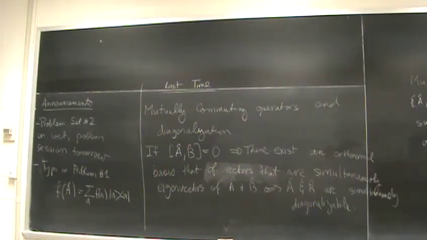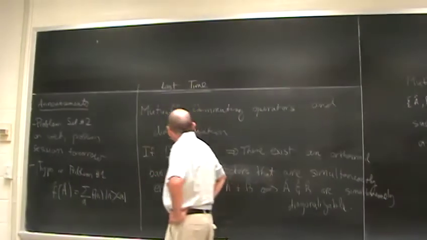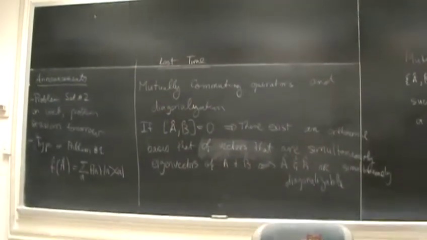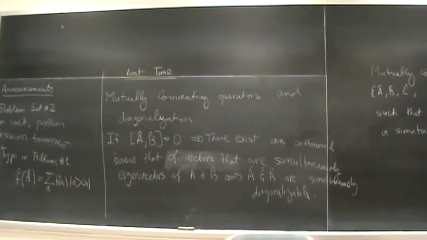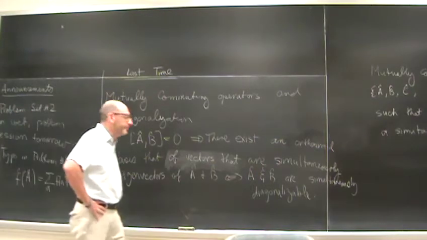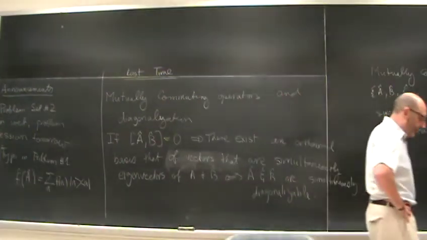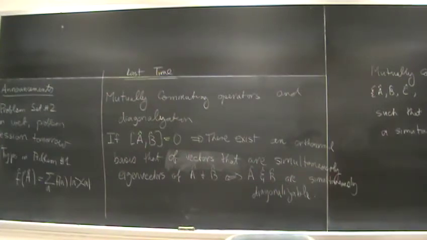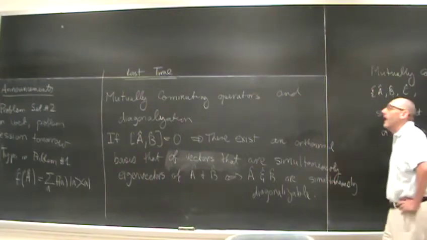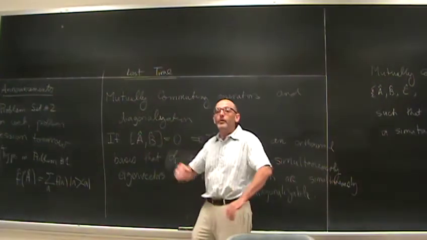All right. So, last time we talked about one last piece of mathematics that is going to be very important, and this is the idea of special properties of operators that commute with one another or don't commute with one another. If we have two operators that commute with one another, then there exists a basis of vectors which are simultaneously eigenvectors of these two operators.